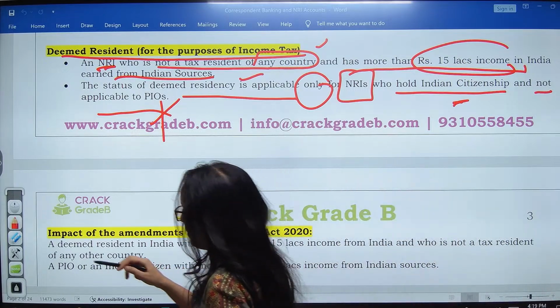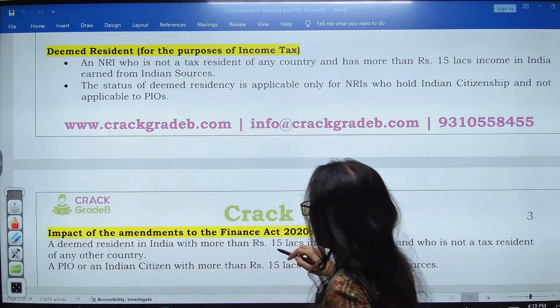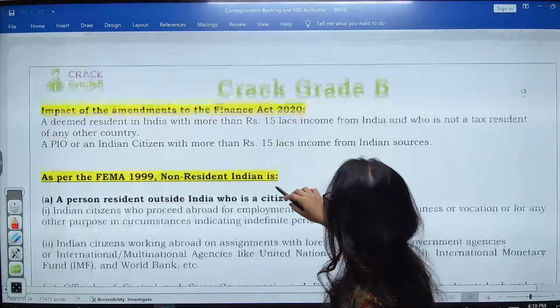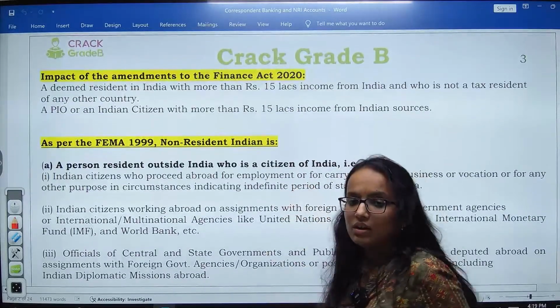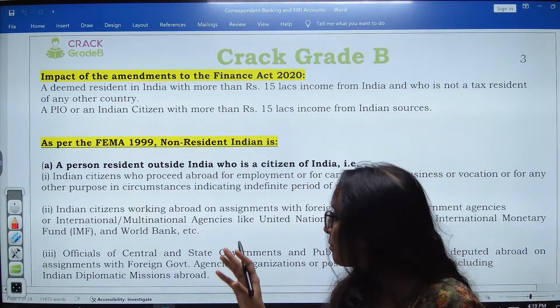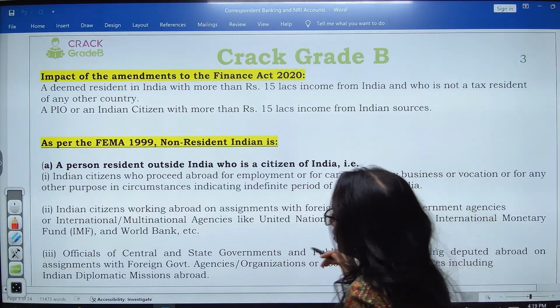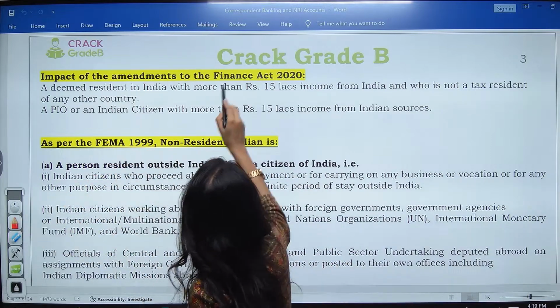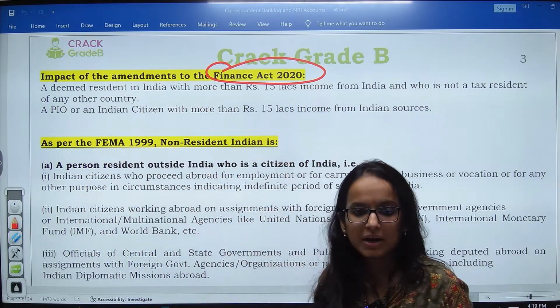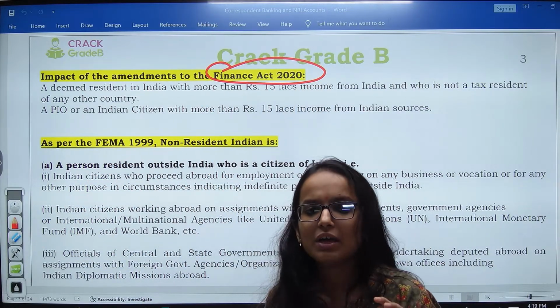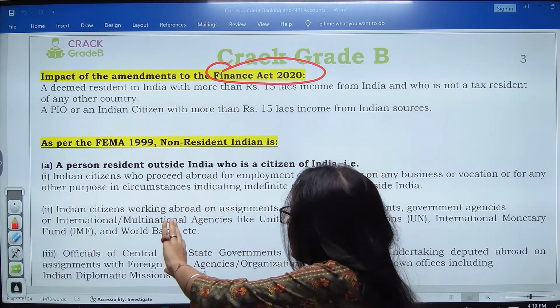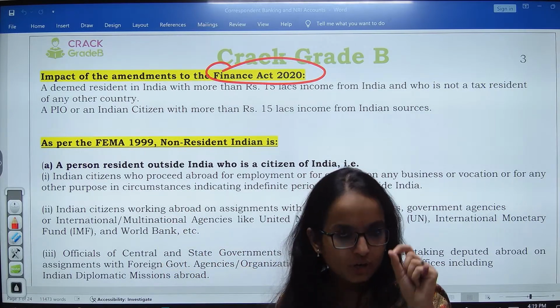Now moving ahead, in this as well you had an amendment. So the amendment to the Finance Act 2020 brings some changes in this category of deemed resident. What are the changes?